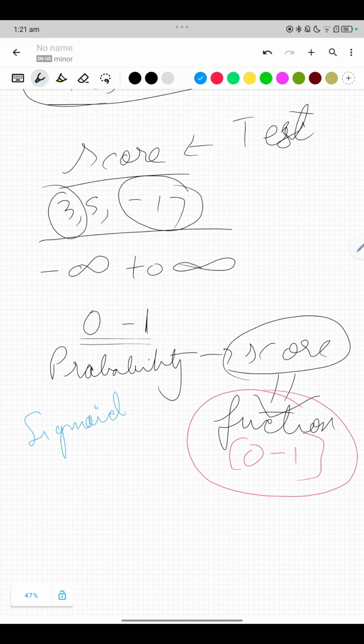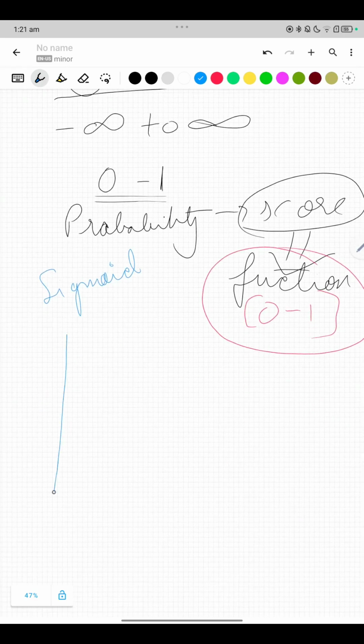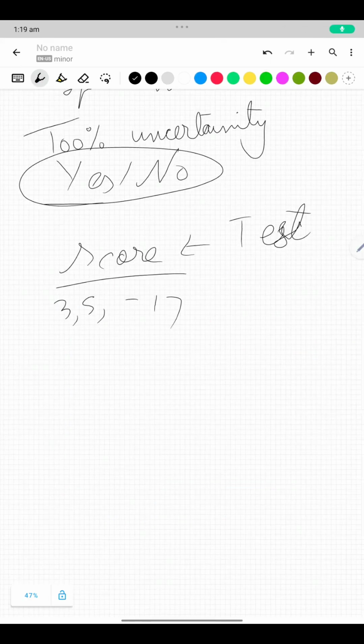right? For example, you have x-axis, which is the model score, and you have y-axis, which is the probability, right? And you have an S-shaped curve, right?